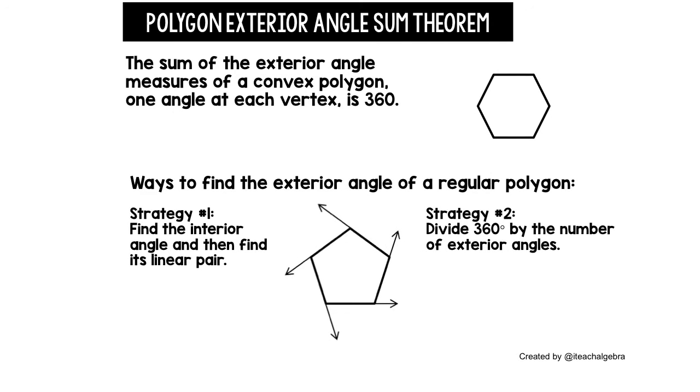Polygon exterior angle sum theorem says the sum of the exterior angle measures of a convex polygon, one angle at each vertex, is 360. So we need to imagine that these line segments that make up this polygon continue out.